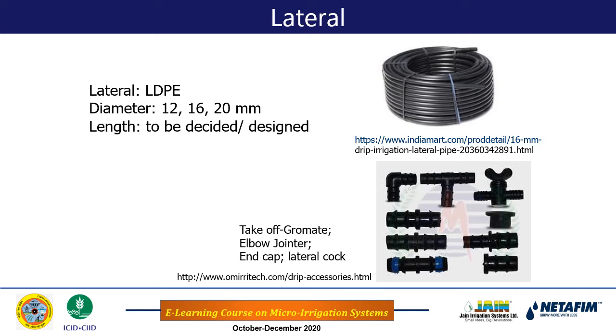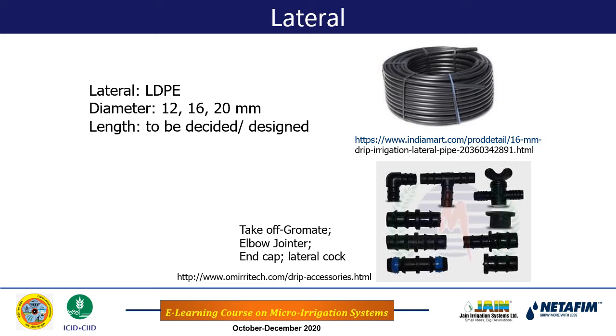And then regarding laterals, there are certain other smaller components as well, that is takeoff grommet, elbow, jointer, end cap, lateral cock, etc. I have shown this in the right hand side bottom figure. First you see the elbow.